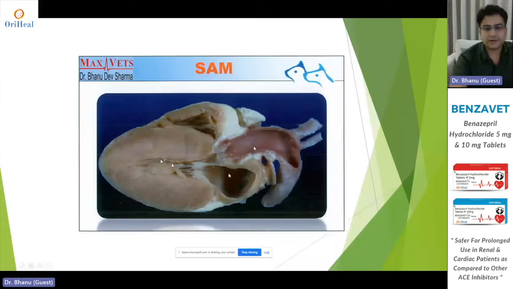Now from the left ventricle, the aortic valve opens, and this is the left ventricular outflow tract. So from the left ventricle, the blood is going into the aorta, which is here. Now the SAM, which is systolic anterior motion of the mitral valve, is causing an obstruction here. So these are cases which we also call HOCM, hypertrophic obstructive cardiomyopathy.